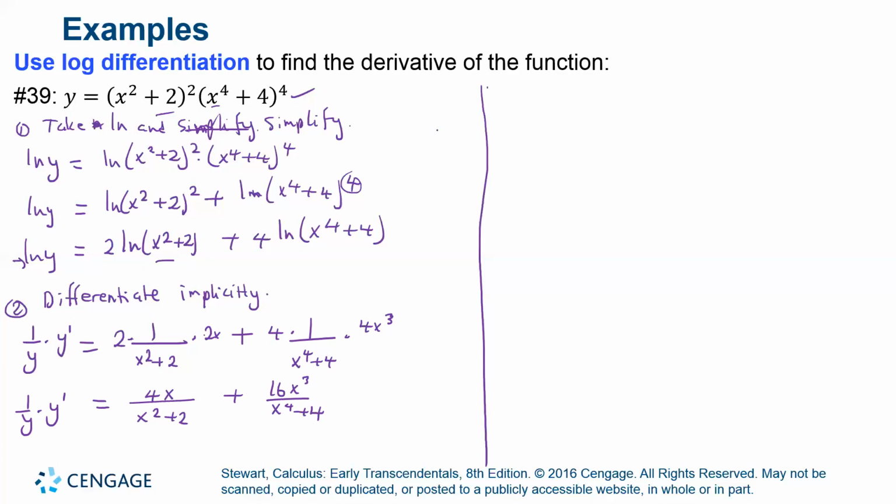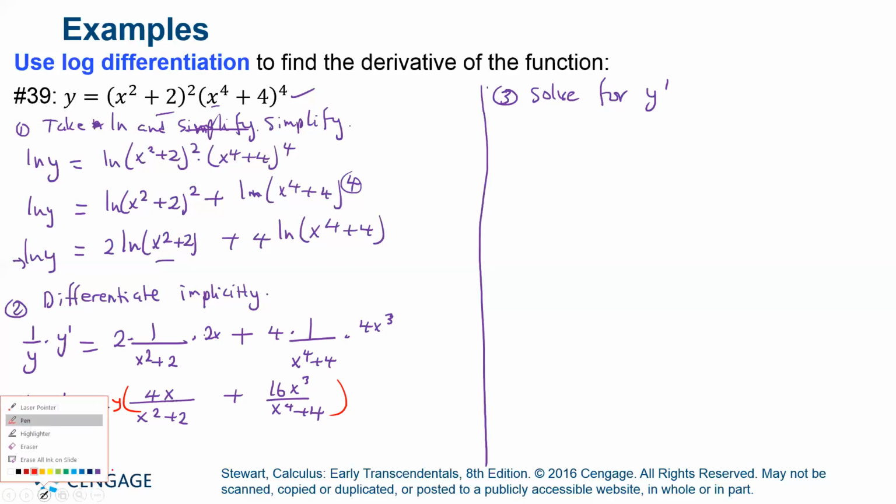So step 3 says to solve for y prime. Now, if I'm solving for y prime, I'm going to multiply both sides by y. So we're going to multiply this by y and multiply this whole thing by y. Now, if I do that, this y will cancel out.